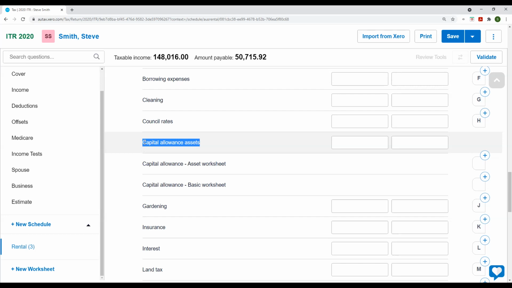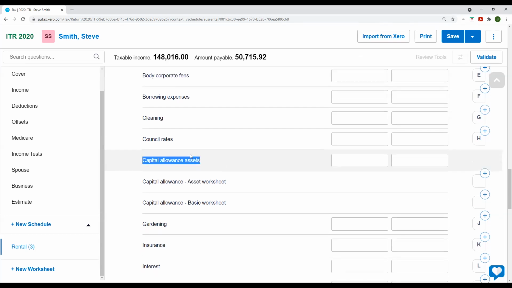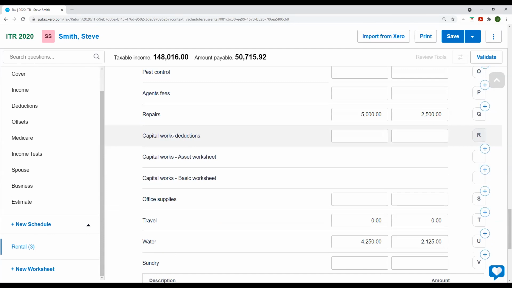Land price goes up, but the building depreciates. So what does the building mean? The actual construction and roof. If you claim depreciation for that, it's called a capital works deduction, which is down here. So your building depreciation will come up as capital works deductions.